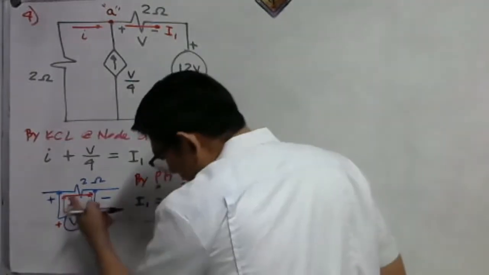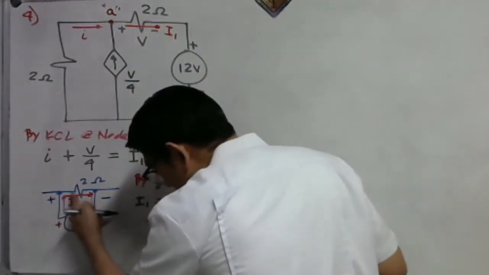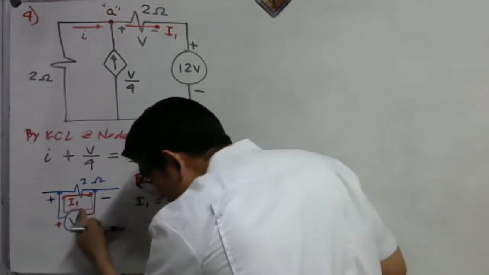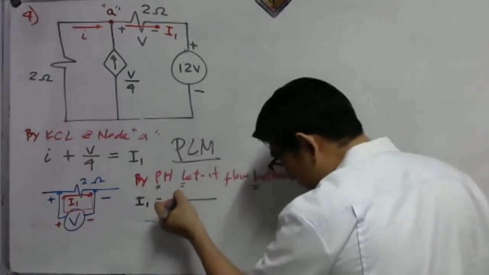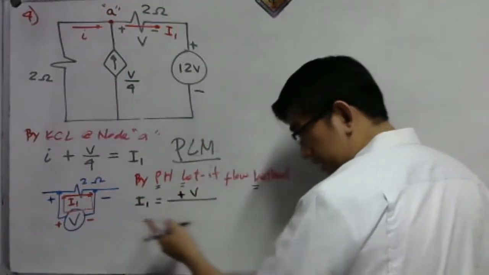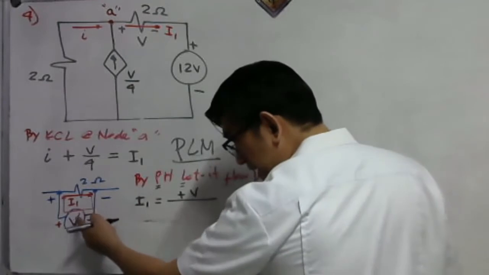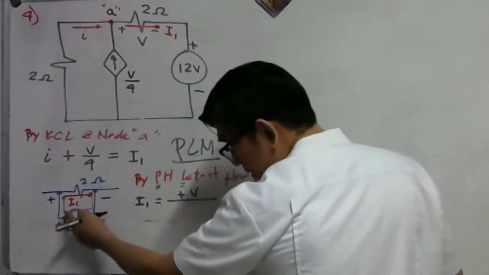If I sub 1 leaves on the positive terminal of the voltmeter, that is a positive V. If it leaves on the negative terminal, that should be negative V.